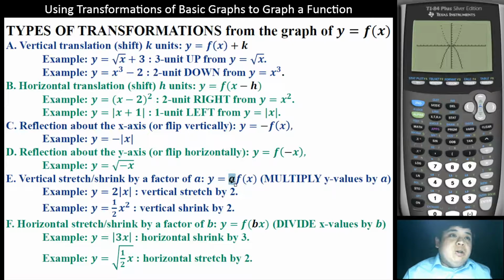But if the number is outside of the basic function, we will multiply the y values. And if it is inside, attached to the x, it will divide the x values by that number, and the stretching and shrinking will work in reverse. We'll see those examples later. But to recap, anything on the outside of the basic function will affect the graph vertically. Anything inside will affect the graph horizontally.